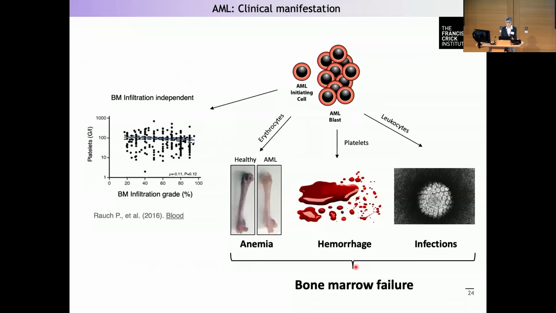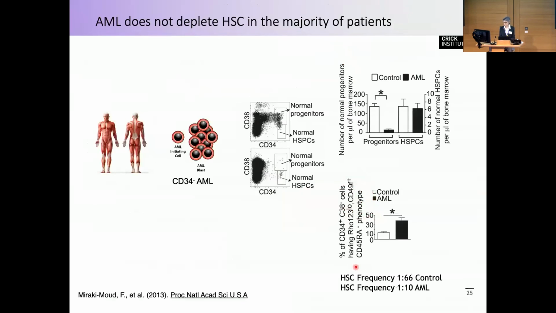Actually, they die more from infection and all these, or anemia, than really because of the presence of leukemia. So what we call bone marrow failure, which is not really the real term, essentially means that normal hematopoiesis, residual normal hematopoiesis, is highly impaired.